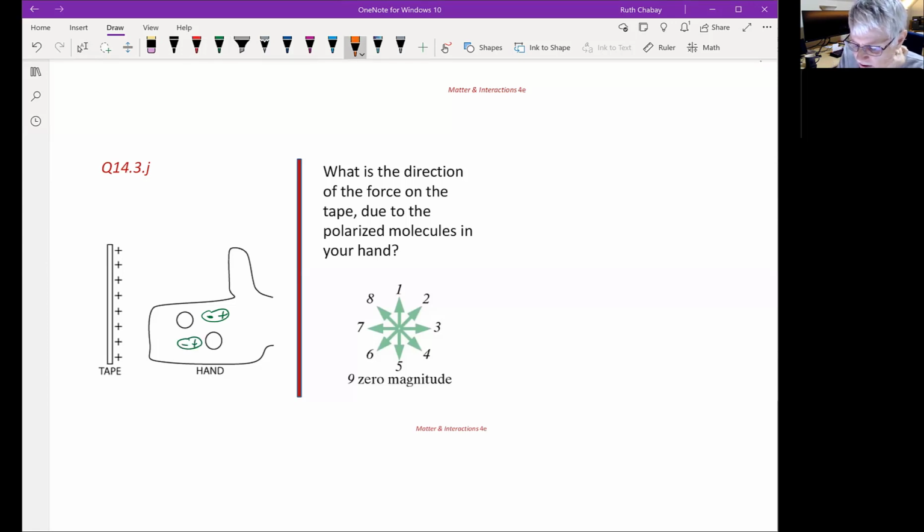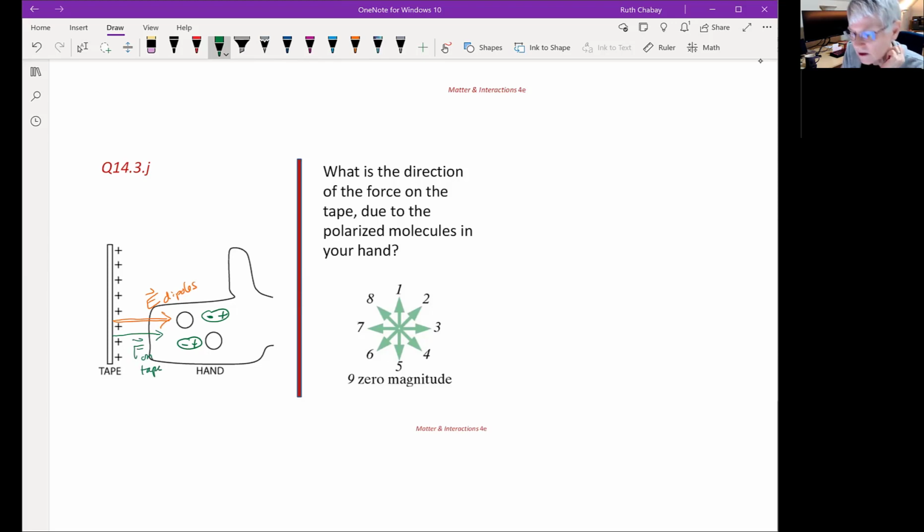These dipoles in your hand make an electric field at the location of the tape that points toward the hand, because the negative end of the dipole is a little bit closer than the positive end. So we have E dipoles, and that results in a force on the tape to the right.